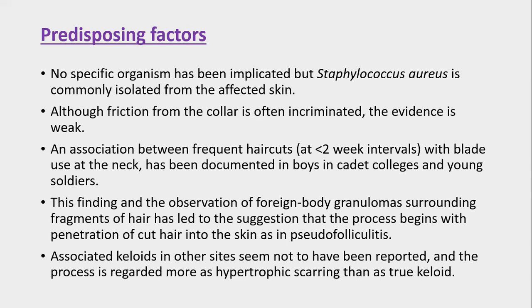The predisposing factors are wearing a hard collar, and the friction of the collar with the hair at the nape of the skin is considered to be the most important incriminating cause, although the evidence is weak.